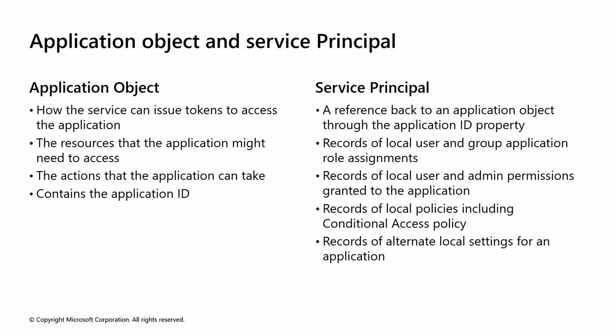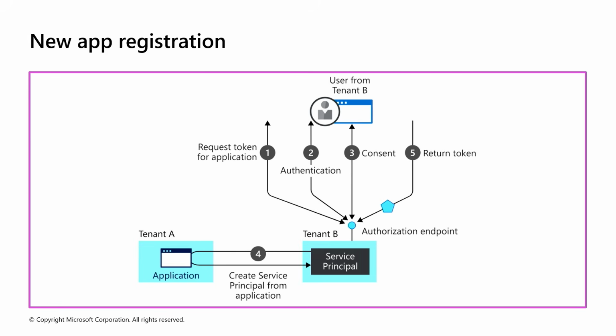This setup enables organizations to securely grant access to resources, assign roles, and enforce policies tailored to their needs. By leveraging the application object and service principal, you gain fine-grained control over who can access your applications, what they can do, and how they interact with sensitive data, all while maintaining a clear, auditable structure for identity management.